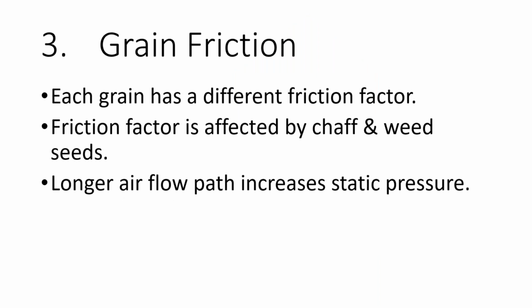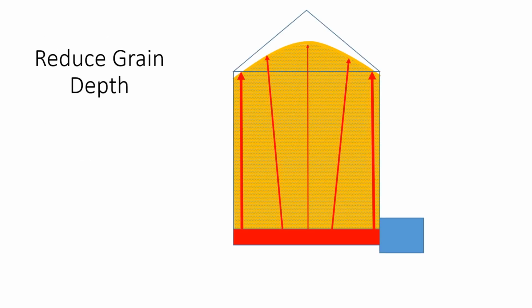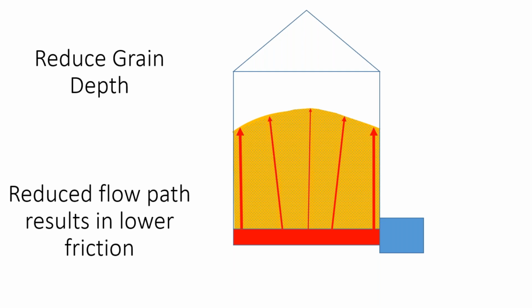Longer airflow path increases static pressure. This is probably the most important item that you have to be aware of, and you really have to address this. In a full floor aeration bin, or in any aeration bin, the easiest way to reduce your airflow path is to reduce your grain depth, and that's where having your static pressure gauges on your ducting helps, so that when you're filling your bin, you can monitor your airflows as you fill the bin.